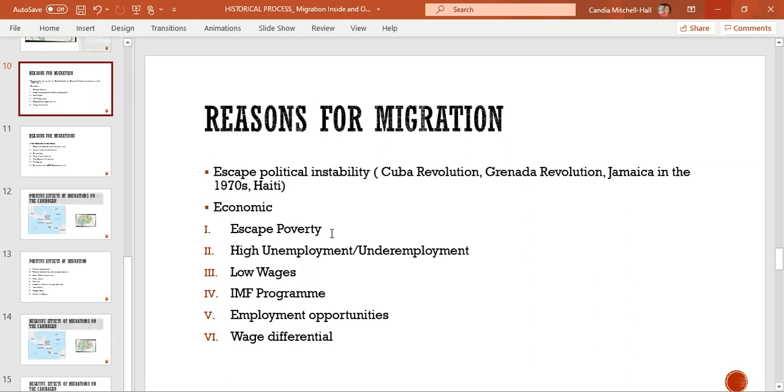Now, in 2010, poverty was very high, around 23% in Jamaica. So 23% of Jamaicans in 2010 lived on less than $1 a day. That's quite a lot of people.